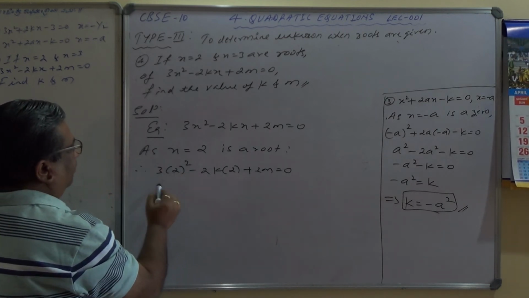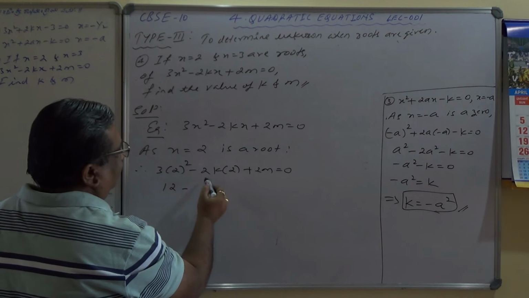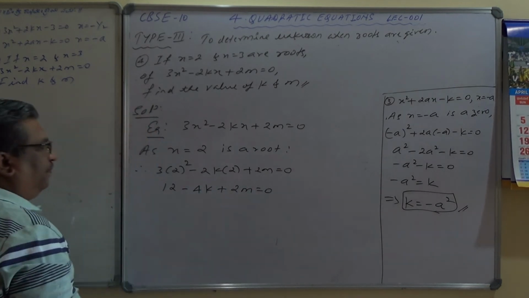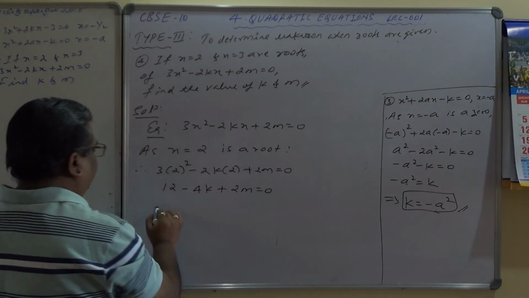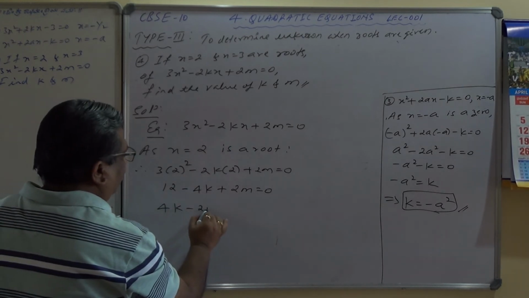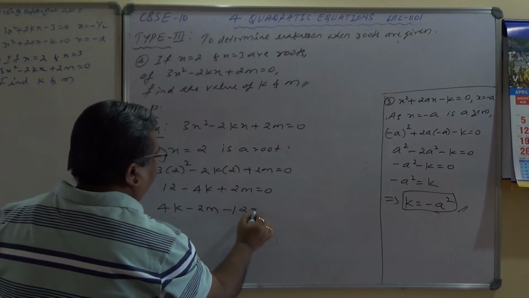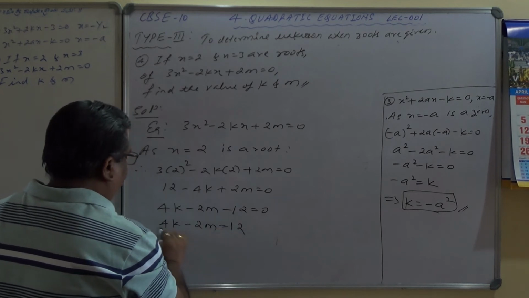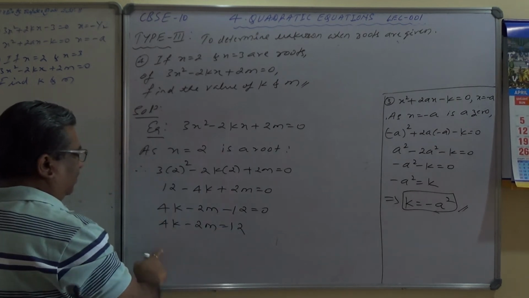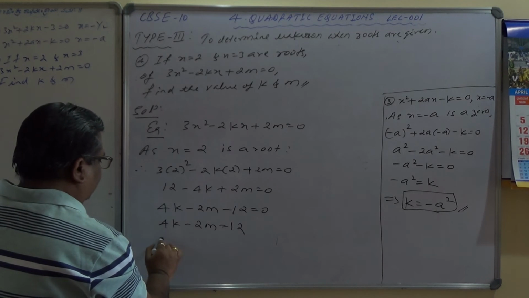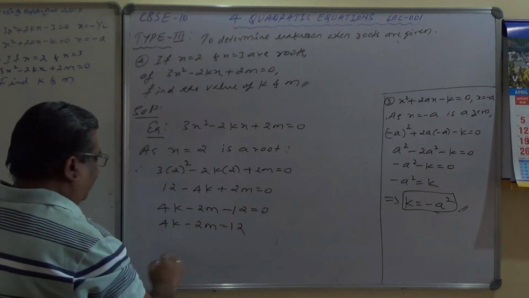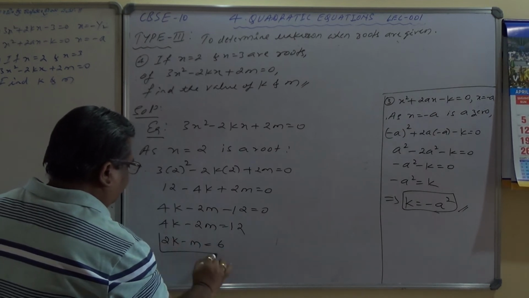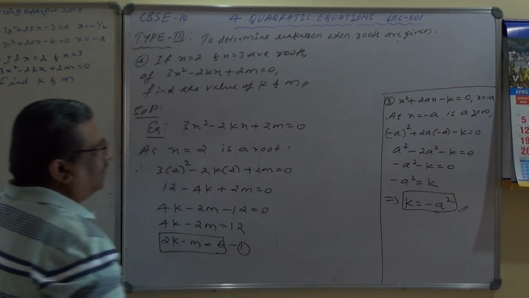This is 12 minus 4k plus 2m equals 0. Transpose everything that side: 4k minus 2m minus 12 equals 0, or 4k minus 2m equals 12. Take common also. What is common? 2. So if I take 2 common, divide everything by 2: 2k minus m equals 6. This is first equation.